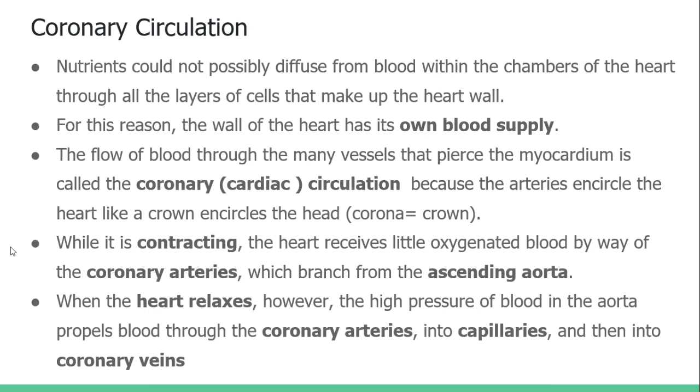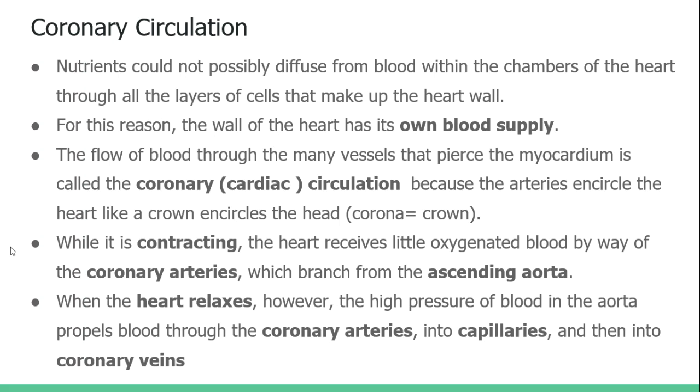Now look at the coronary circulation. Nutrients could not possibly diffuse from blood within the chambers of the heart through all the layers of cells that make up the heart wall. For this reason, the wall of the heart has its own blood supply.